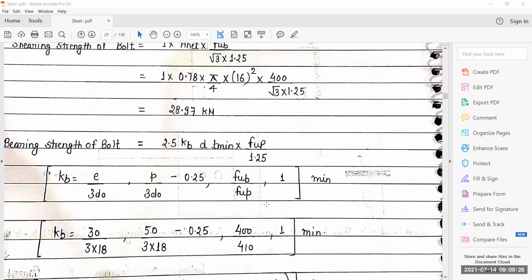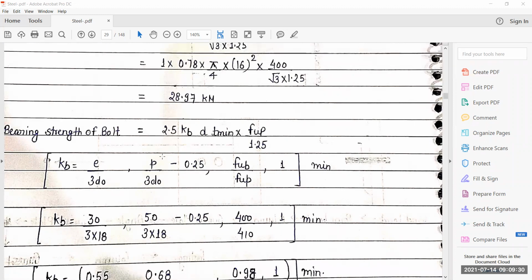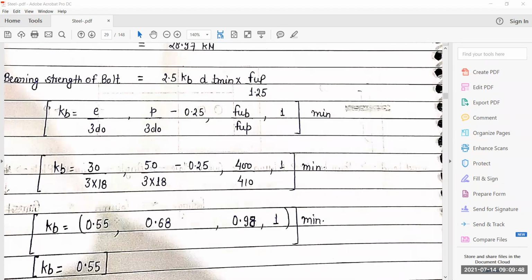Now the bearing strength of bolt, already discussed in the previous lecture: 2.5 kb into d into t minimum into fu upon 1.25. All values are put in. kb is equal to e upon 3d0, or fub upon fu, or 0.25 plus p upon 3d0, or 1. The minimum one is taken. The kb values are 0.55, 0.6 and 0.9.